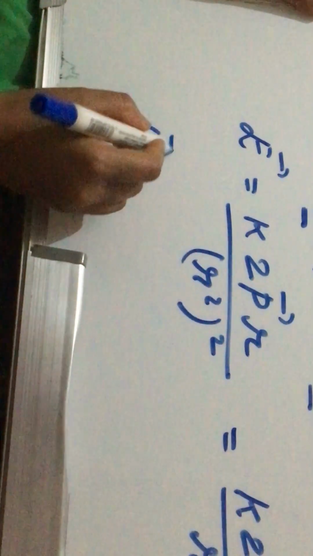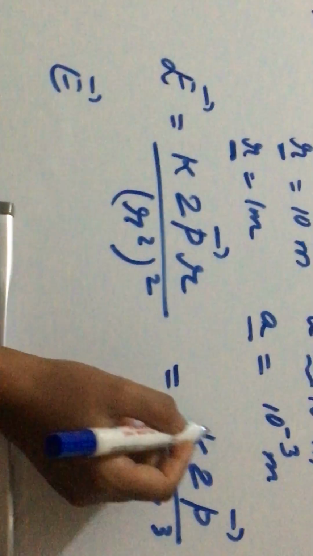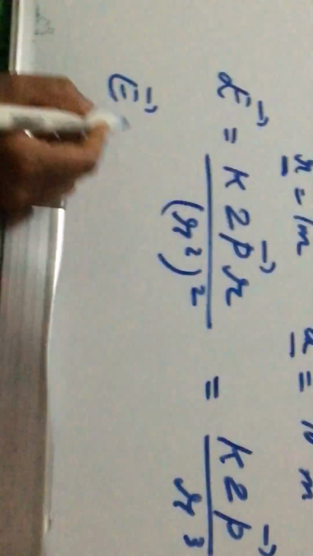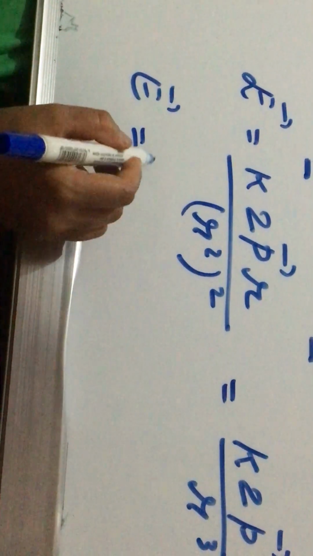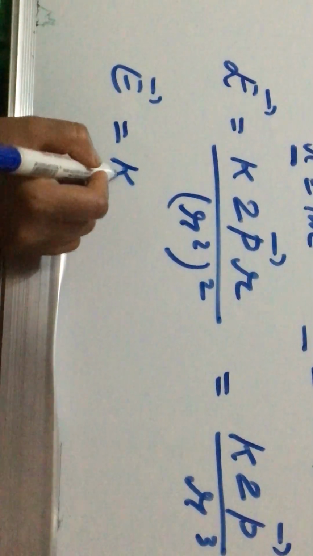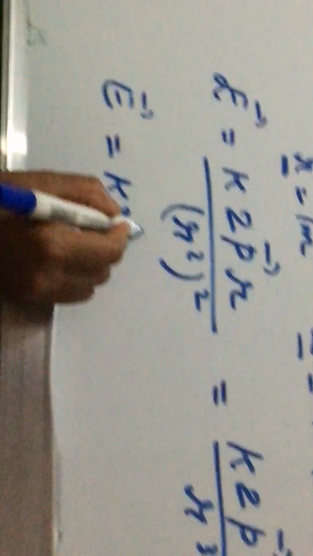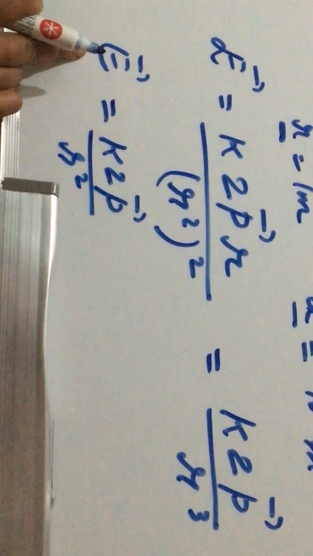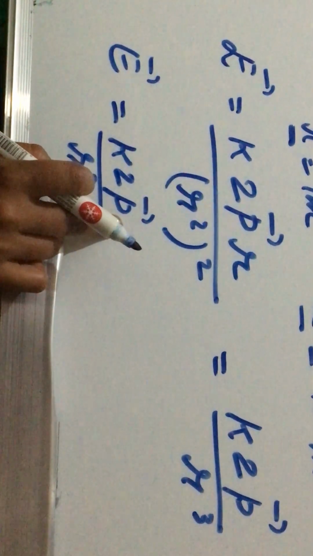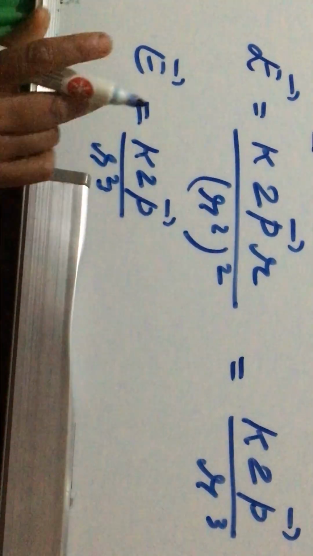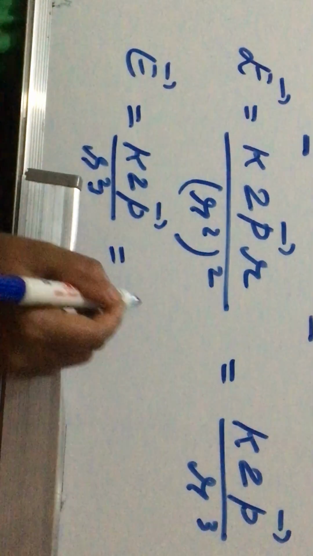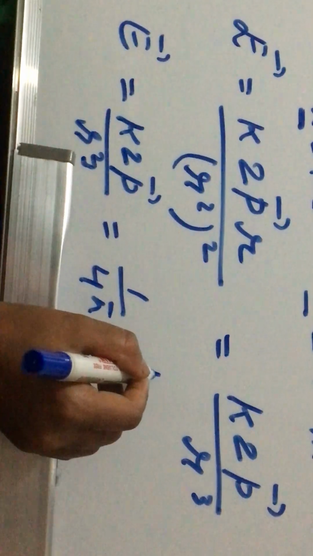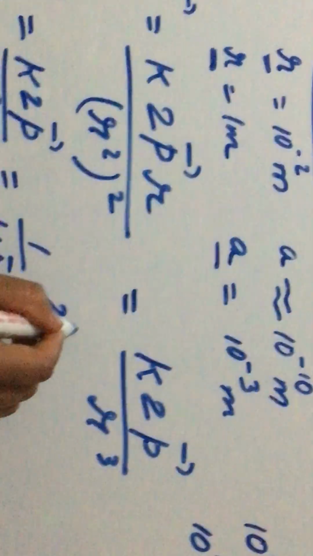Then the electric field, this k is for vacuum or for air, it is 1 by 4 pi epsilon. So I can write it, the same thing again: the electric field is k times 2p by r cube, that is 1 by 4 pi epsilon naught times 2p by r cube.